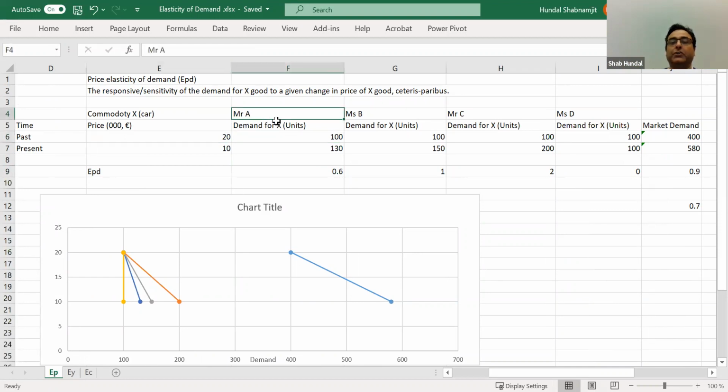Shell has 100 cars, and when the price of cars goes down, Shell wants to buy 30 more cars for office purposes. British Petroleum increases to 150. Microsoft increases to 200. There's one company, some old-fashioned public sector, state-owned, that doesn't make any change.